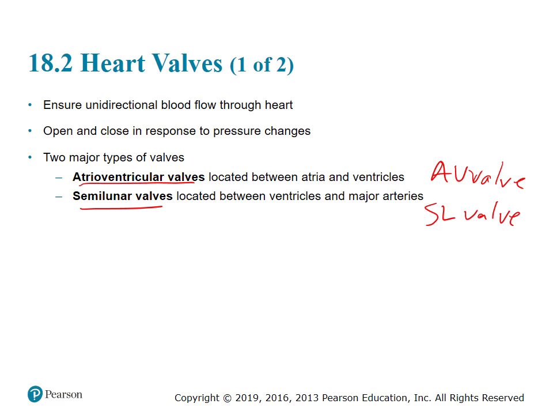The SL valves separate the ventricles from the major arteries. Okay? What do I mean by that? For the right ventricle, this SL valve separates the right ventricle from the pulmonary trunk, right?